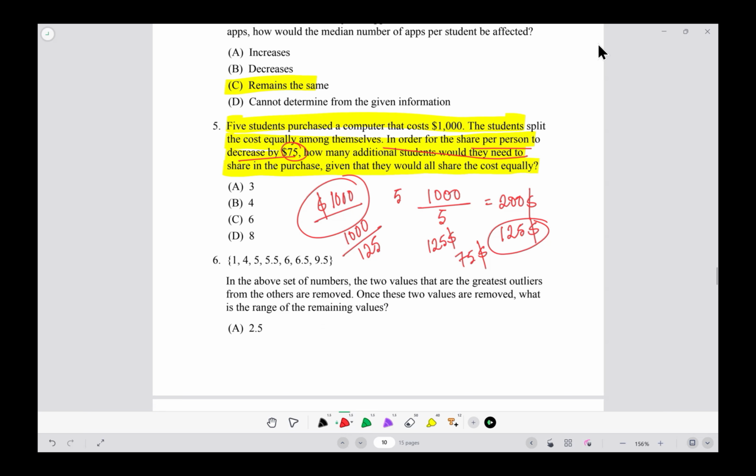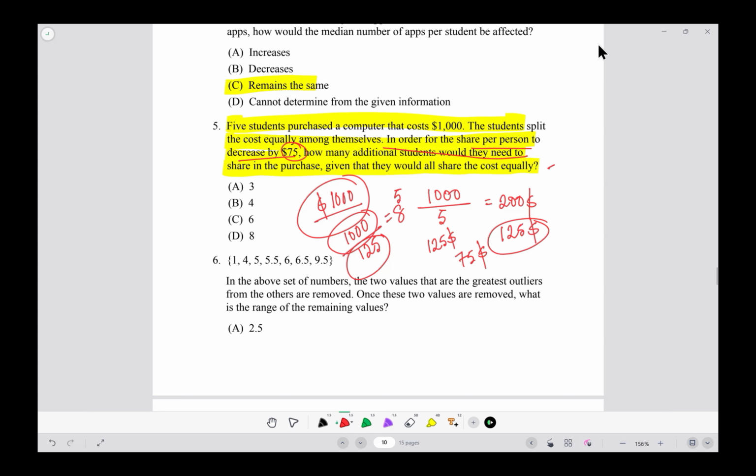So now the cost per head is $125. If you divide $1,000 by $125, that is 8.